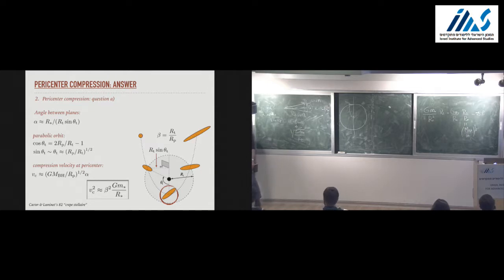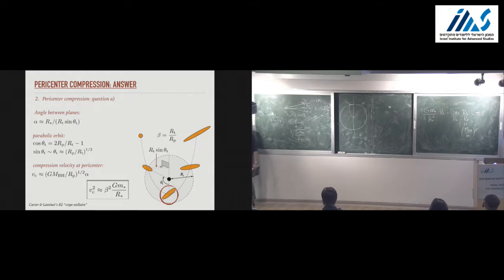But for beta maybe 10, or much larger than 1, then it becomes important. You find this calculation in Carter and Luminet, who called this compressed star a crêpe stellaire, a stellar pancake. Okay, so this is very nice.